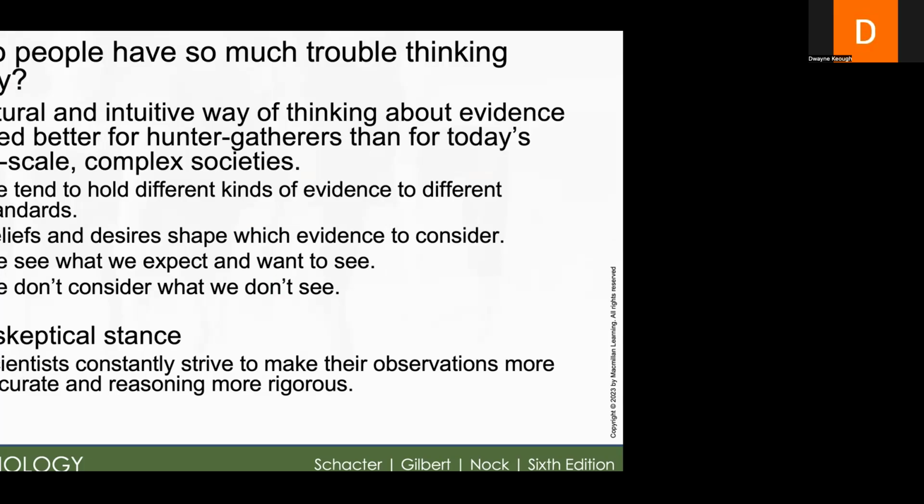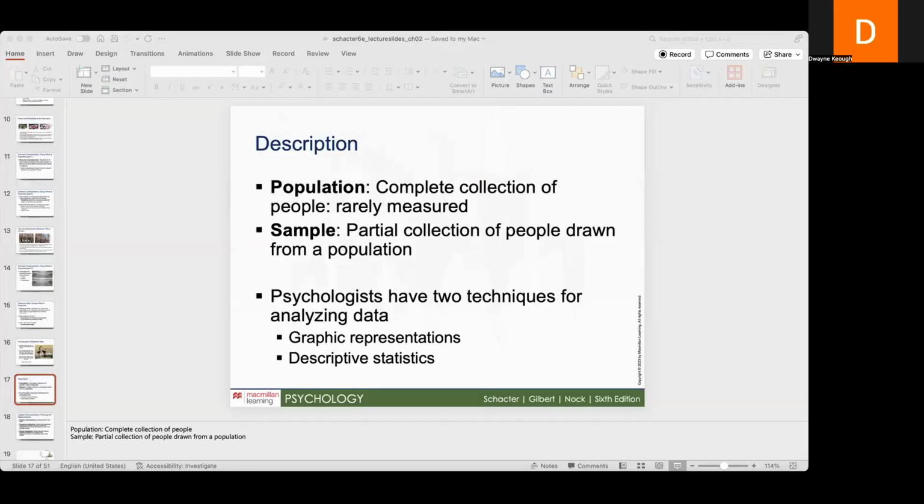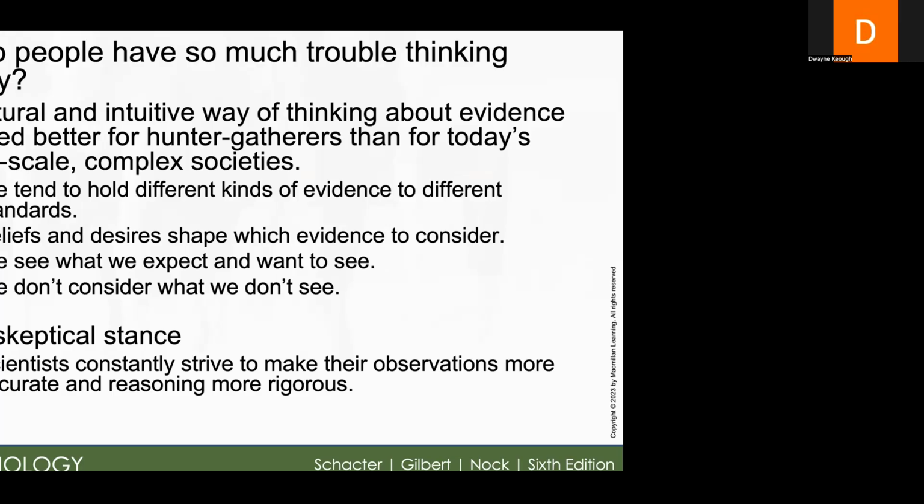Your beliefs might shape what evidence you'll consider, which is something like a confirmation bias. You may Google and search things consistent with what you want to believe rather than what the general population tends to believe. You may look for evidence, you may avoid looking for evidence. You don't want to consider alternative opinions because we just don't.